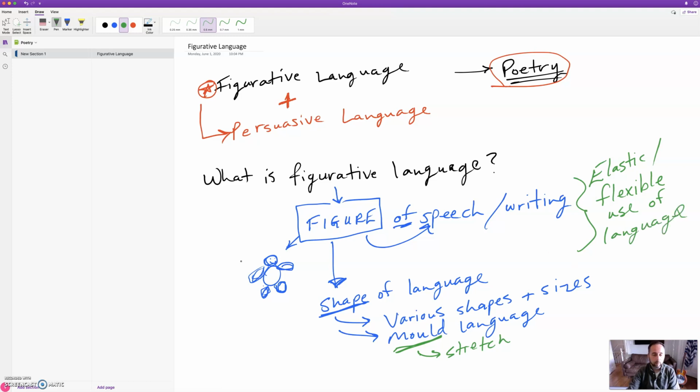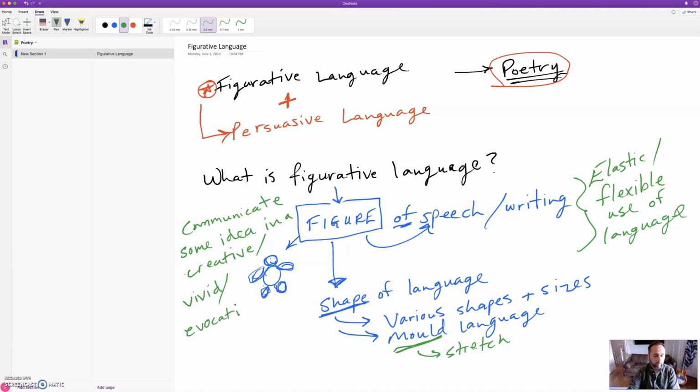Okay? So the purpose of figurative language is to communicate some idea, okay, in a creative and evocative way. Okay, so it's more creative. Because of that, it's more vivid, or we can say evocative.